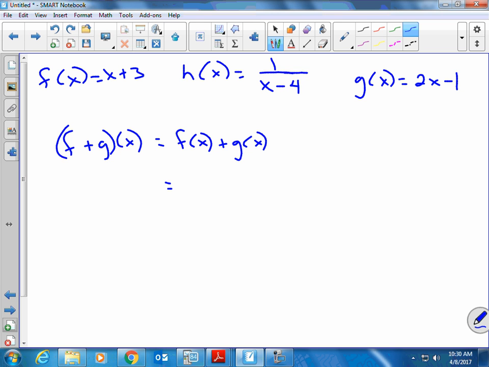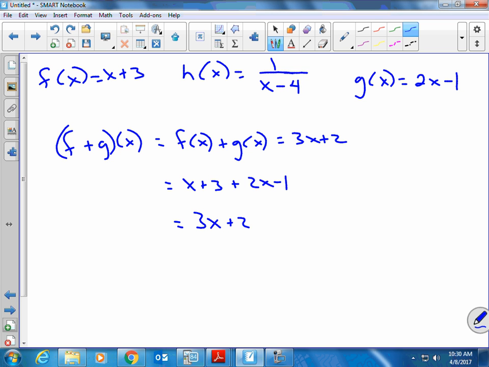So I simply need to take f of x, which is x plus 3, plus g of x, which is 2x minus 1, and write it as an addition problem. Combine like terms. X plus 2x is 3x. 3 minus 1 is a positive 2. And so f plus g of x is equal to 3x plus 2.